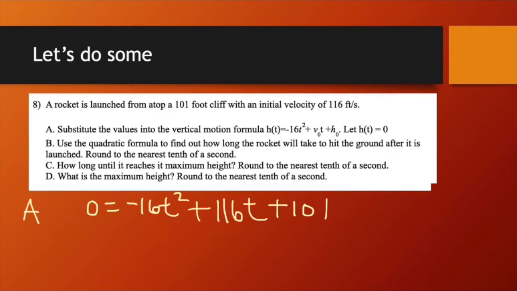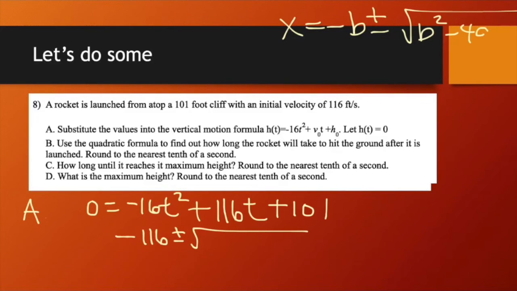So we're going to go negative B, which is negative 116, plus or minus the square root. I'll write the formula at the top so you can see it. This is B. Plus all of this into the quadratic.